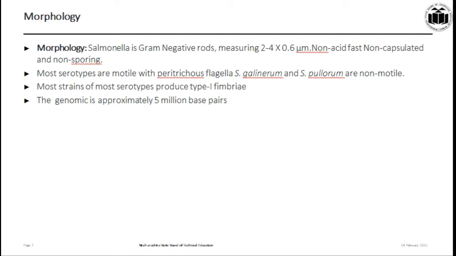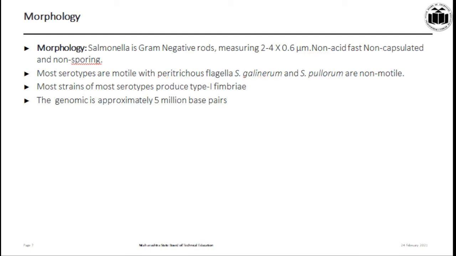Like other gram-negative bacteria, Salmonella is non-capsulated and non-spore forming. Some bacteria are able to produce a capsule, but the Salmonella does not have the ability to produce a capsule. It also lacks the ability to form spores.